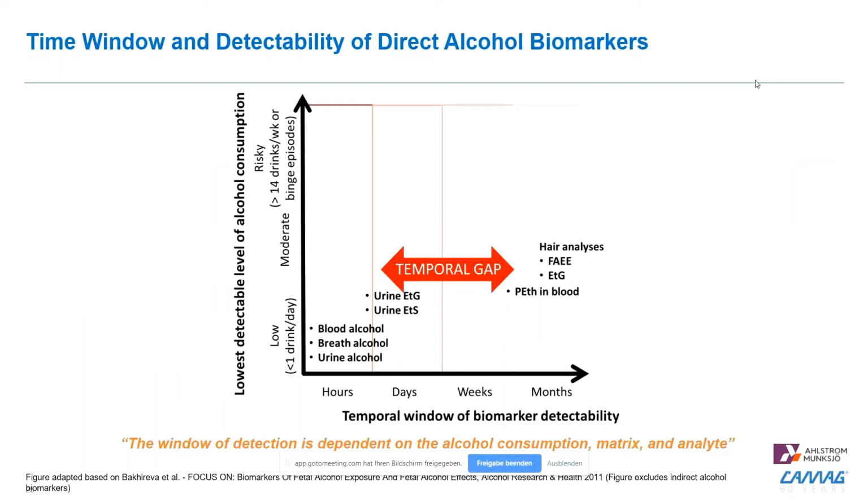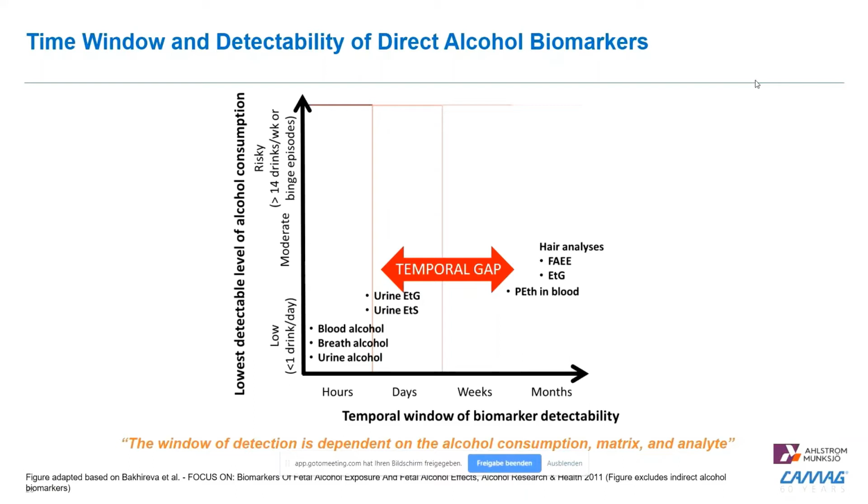Considering the time window and the detectability of direct alcohol markers such as PEth, we have to have a look at the following figure here. You can split up the direct alcohol markers considering the temporal window of biomarker detectability on the x-axis and the lowest detectable level of alcohol consumption on the y-axis.